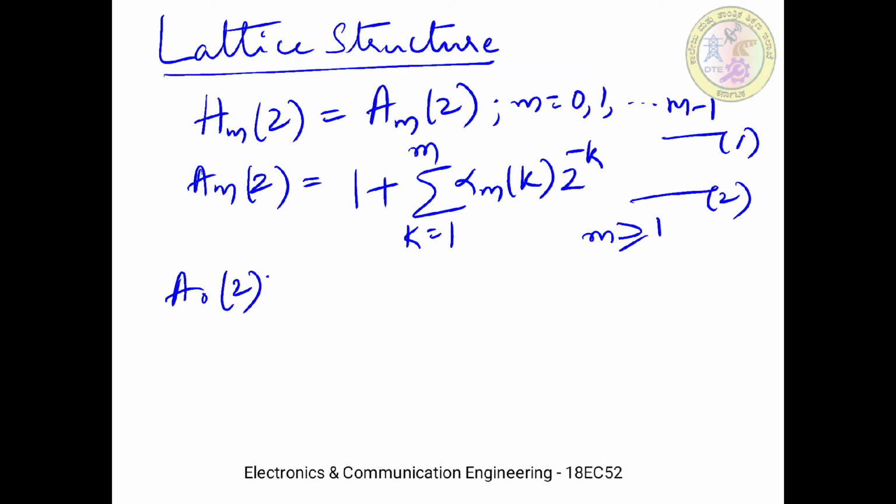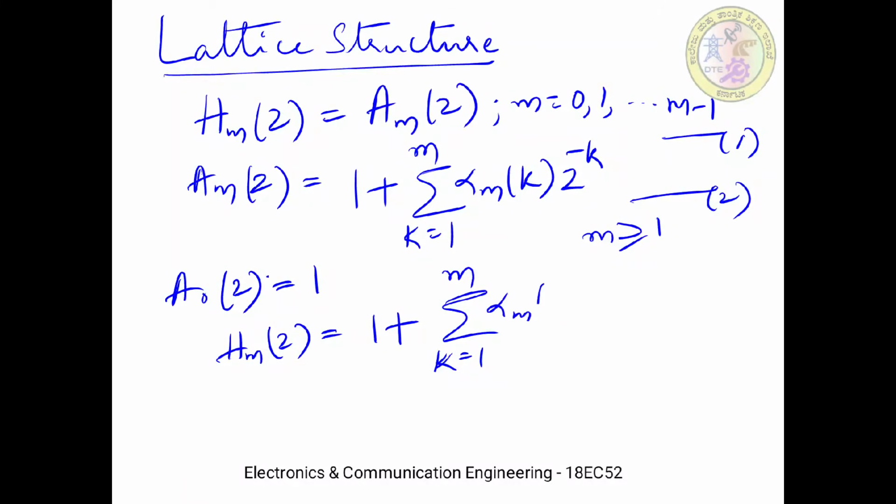Therefore A_0(z) is equal to 1, and equation 1 can now be written in terms of the system function as H_m(z) equal to 1 plus summation k equal to 1 to m of alpha_m(k) into z to the power of minus k, where small m represents the order of the filter.